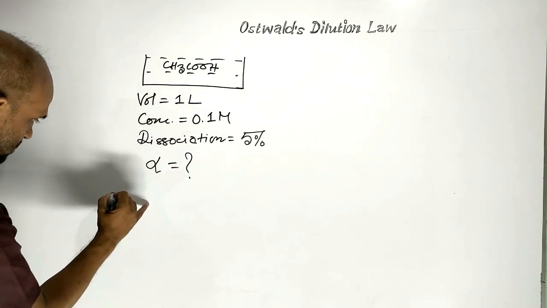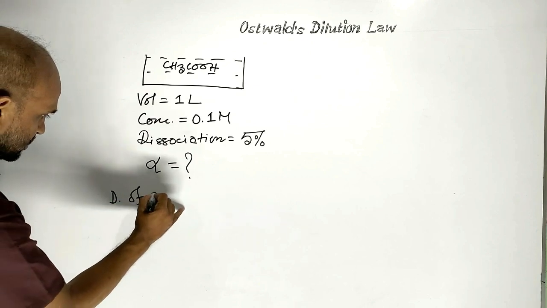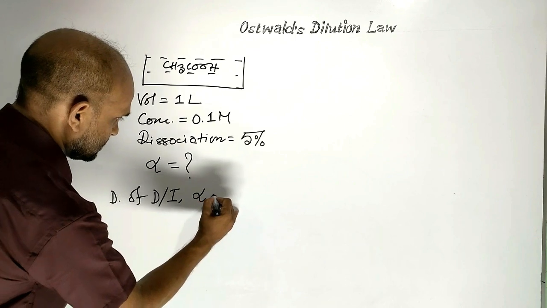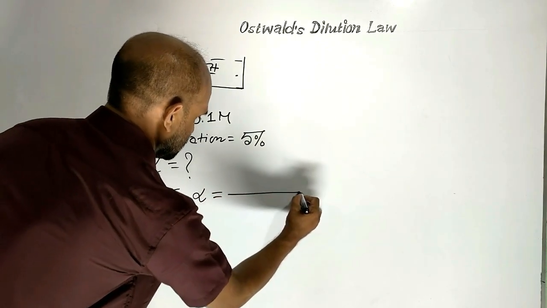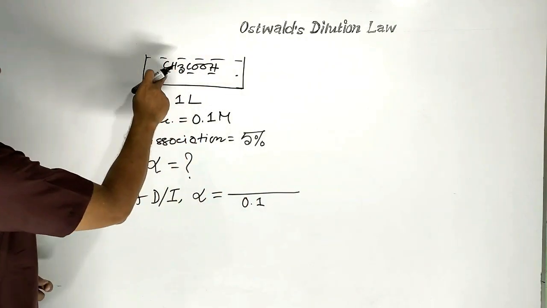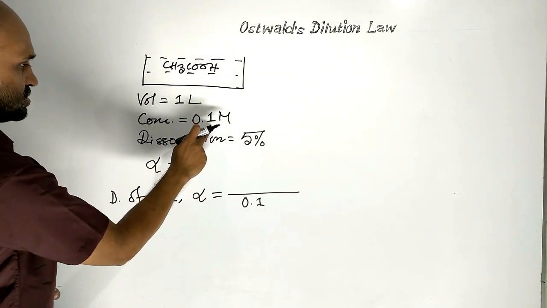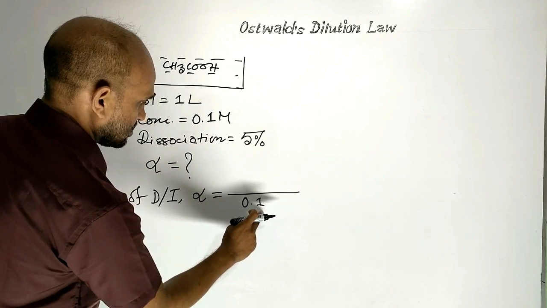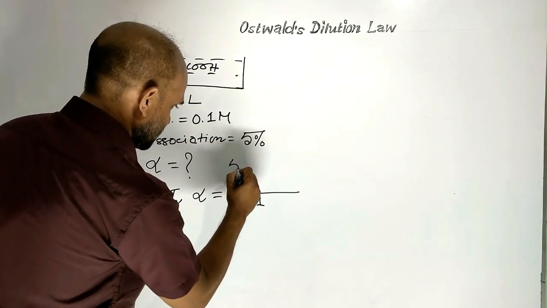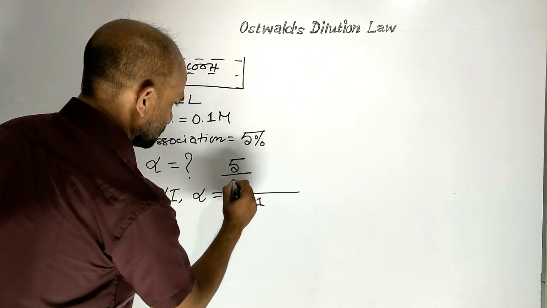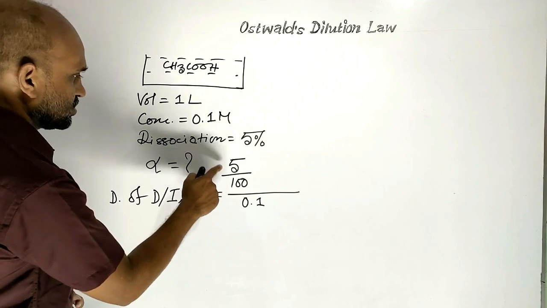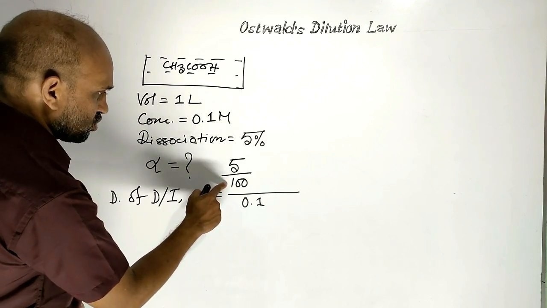We know the degree of dissociation or degree of ionization is equal to the number of moles dissociated divided by the total number of moles present in the solution, 0.1, and here dissociation is 5%, that is 5 moles from 100 moles.